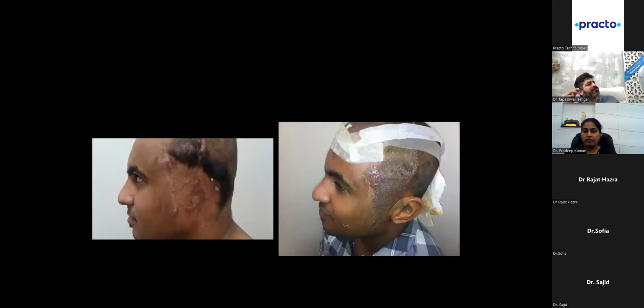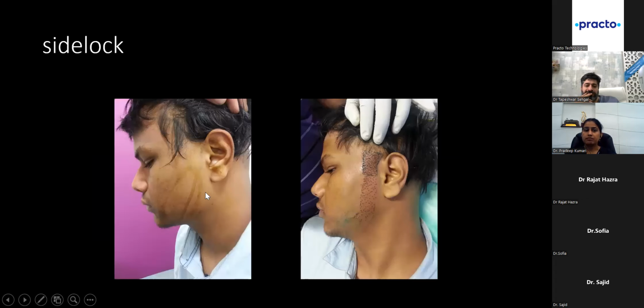One area wherein both dermatosurgeons and plastic surgeons come in the picture is this kind of scenario. This patient had a road traffic accident and complete laceration. So the artificial ear was made and stuck over there, and then the transplant was done into the areas where the loss of the flap was complete.